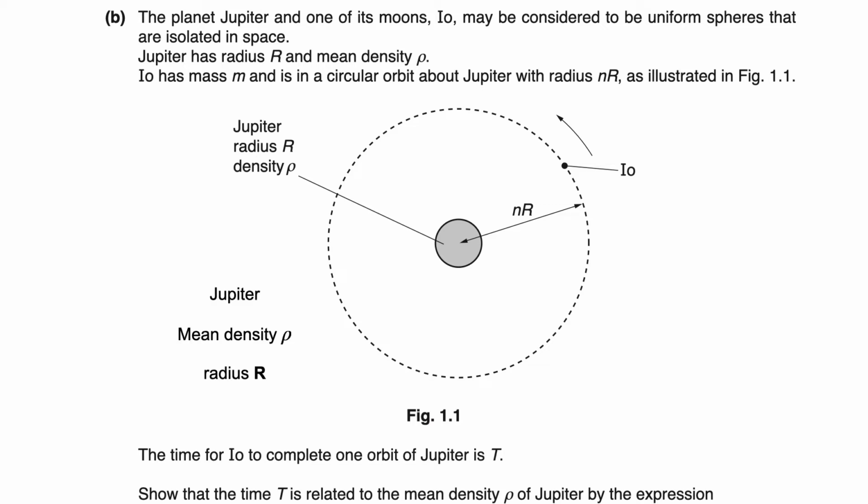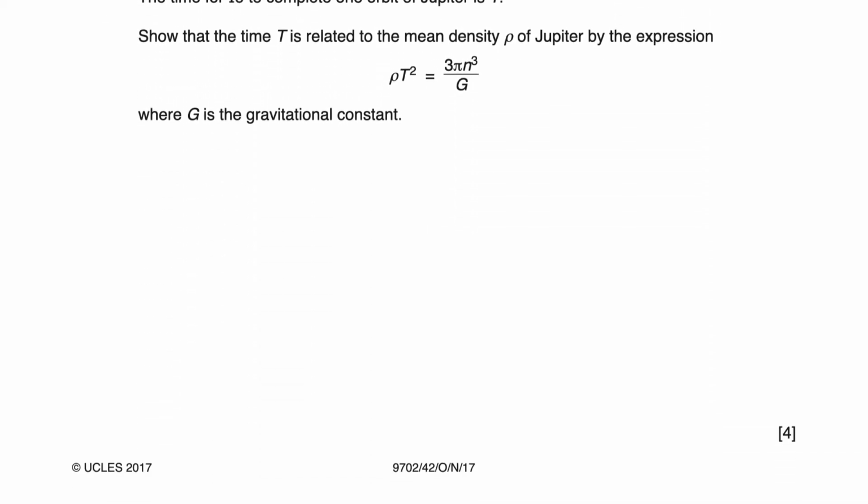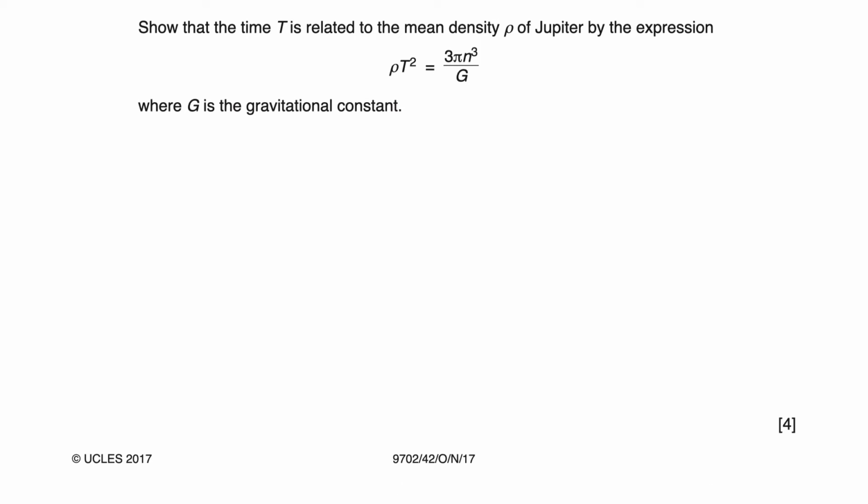So we have Jupiter with mean density rho and radius capital R, and then Jupiter's moon with mass small m and radius of orbit nR, a multiple of R. This we have to remember because this is key information we need to use for the next question. Now what they are asking is to show that the time T, capital T, is related to the mean density rho of Jupiter by this expression.